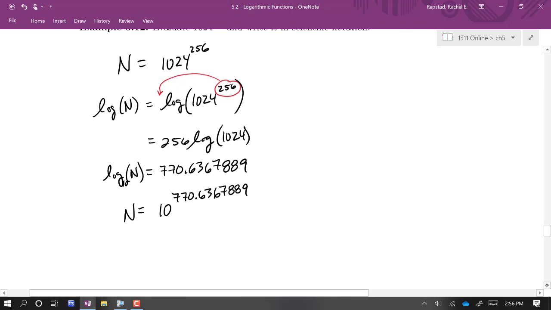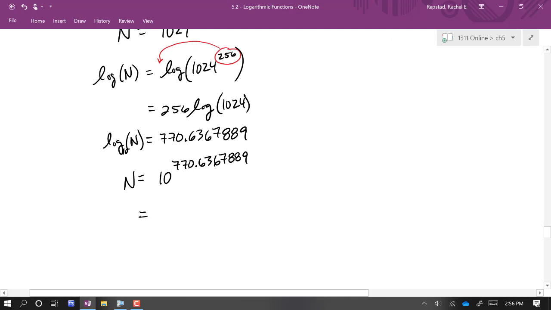Now I'm going to take a few steps, each of which I think you'll agree with. First, I'm going to rewrite the exponent. Instead of 770.63678889, I'm going to write that as 0.63678889 plus 770. I'm basically splitting up the integer and fraction part, but writing that fraction part first. Notice here I'm adding inside the exponent, and if I'm adding inside the exponent, I know I can write that as a multiplication.